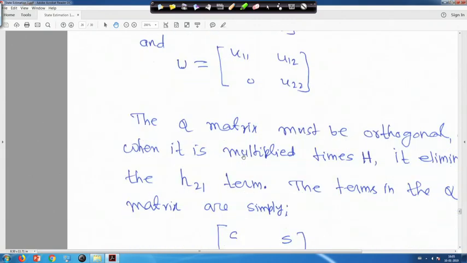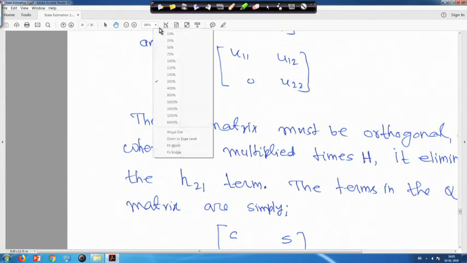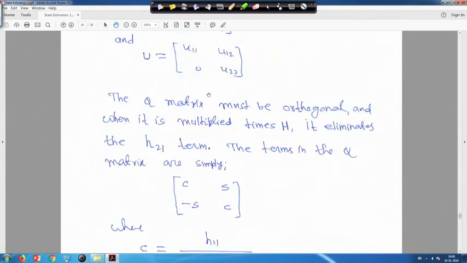So, the Q matrix must be orthogonal, and when it is multiplied times H, it eliminates the h21 term.